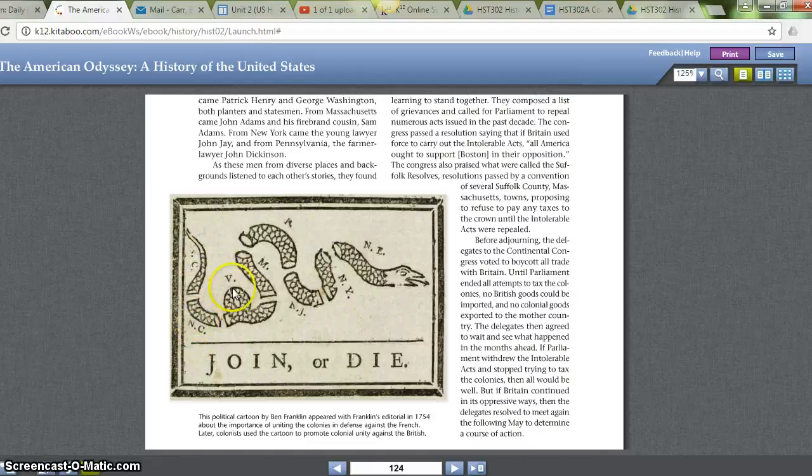North Carolina, V for Virginia, M for Massachusetts, NY for New York, and so forth. And all apart, they're not a good snake. It's a dying snake. But if they would all join together, they could be much stronger in opposition. So this is why it became a popular rallying cry during the colonial times that the colonies need to band together against the British.